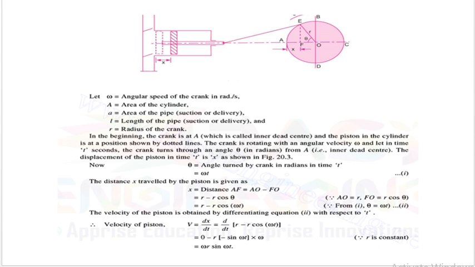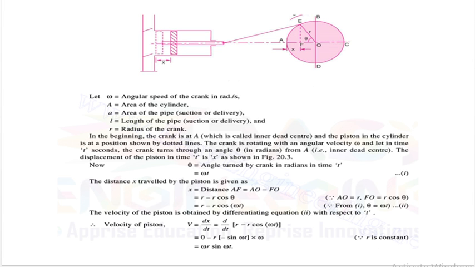In the beginning, the crank is at position A, which is called inner dead center, and the piston in the cylinder is at a position shown by the dotted line. If the crank is at A, at that point the piston is at this position where it is shown through the dotted line.